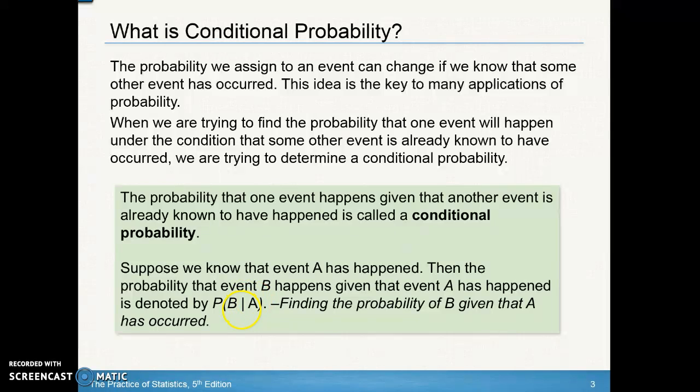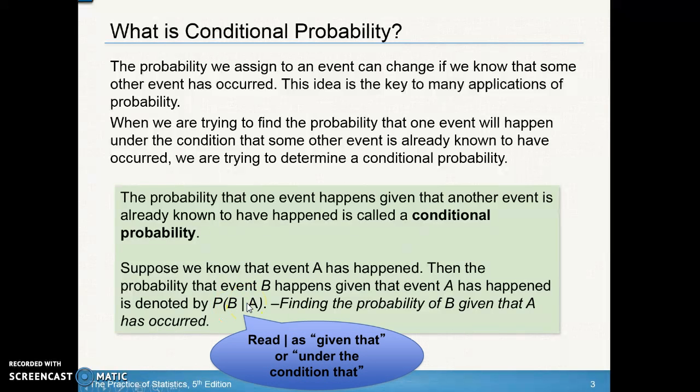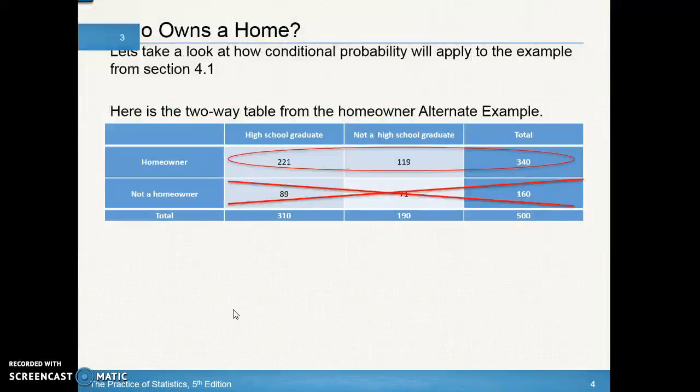Knowing that they're a high school graduate, what is the probability that they own a home? So we're finding the probability of B given that A has already occurred. Just make sure you understand that this is read as given that, or under the condition that, A has occurred.